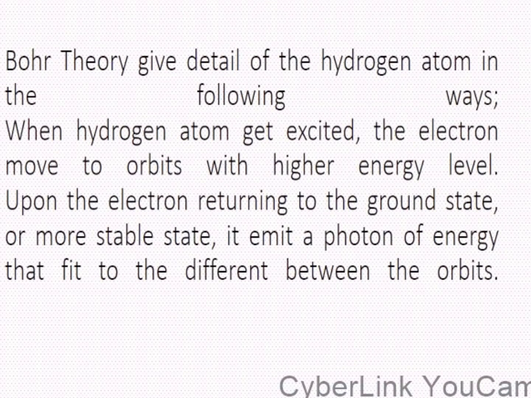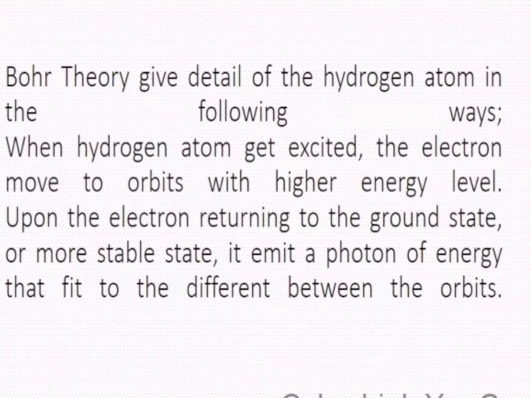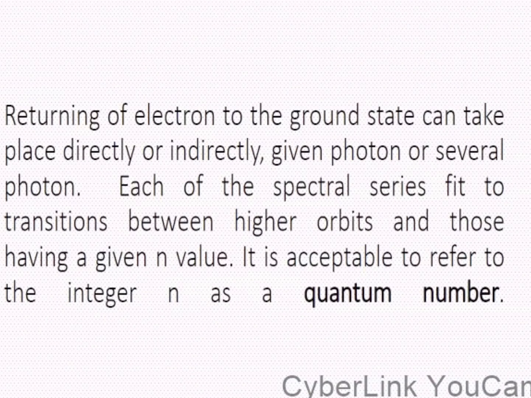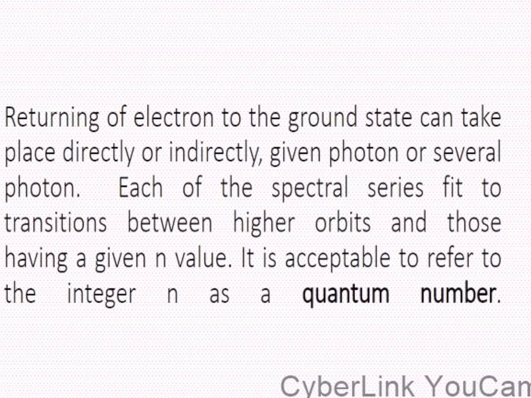Bohr theory describes the hydrogen atom in the following way. When hydrogen atoms get excited, the electrons move to orbits with higher energy levels. When the electron returns to the ground state or a more stable state, it emits photons with energy corresponding to the difference between the orbits. The return of the electron to the ground state can take place directly or indirectly, giving one photon or several photons.